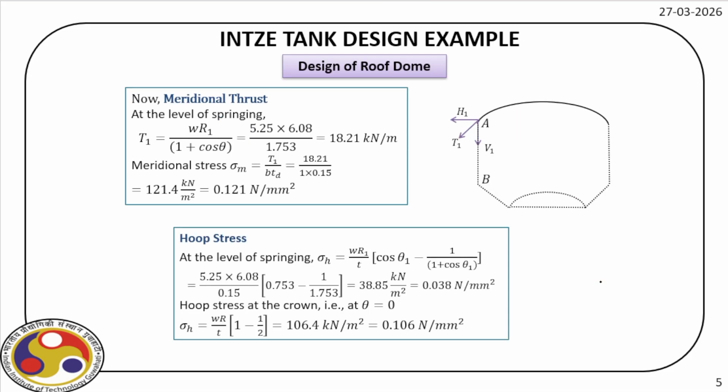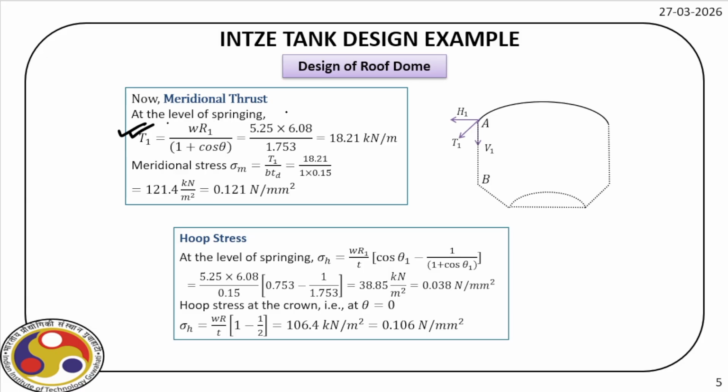So now let us see what are the different stresses acting on this roof dome. If you recall, we have already discussed the two main stresses acting on the roof dome, the meridional stress and the hoop stress, right? And we also derived the expression for the meridional thrust, as you can see here, T1, which is omega times R1 divided by 1 plus cos theta.